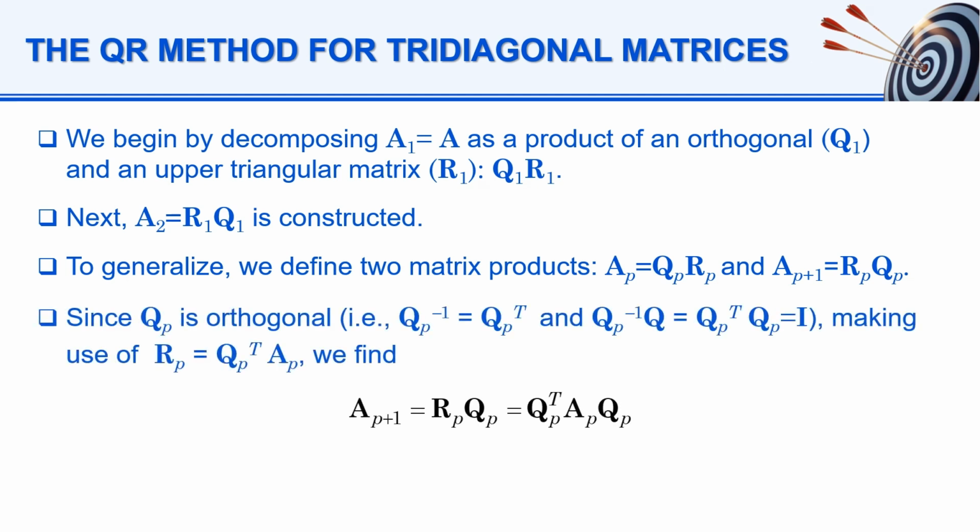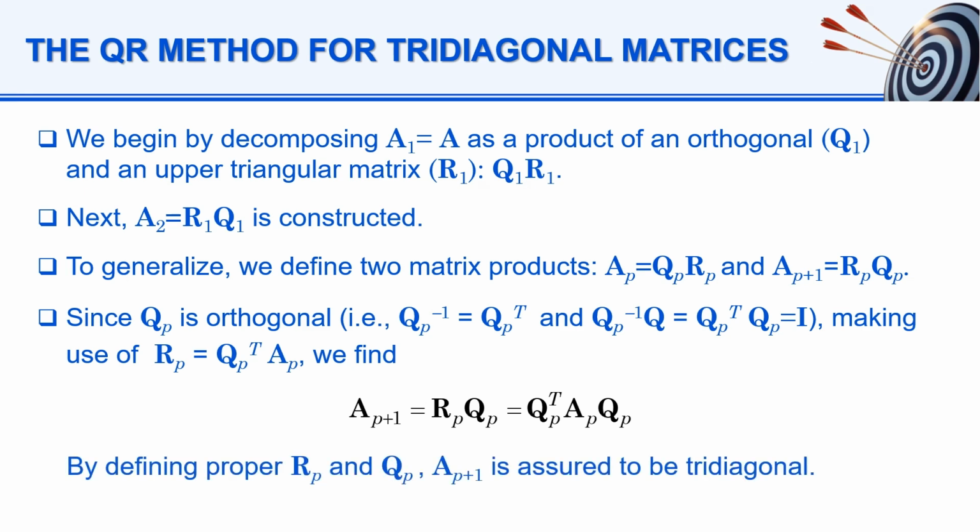Since Q^p is orthogonal, making use of R^p equals the product of the transpose of Q^p and A^p, we find the following. By defining proper R^p and Q^p, the matrix A^(p+1) is assured to be tridiagonal.